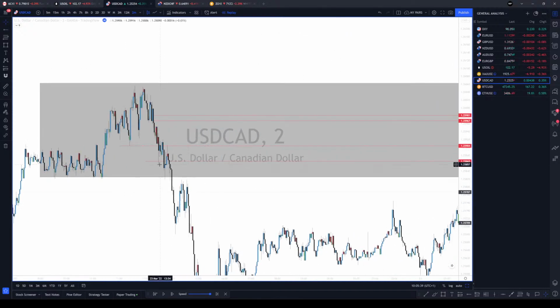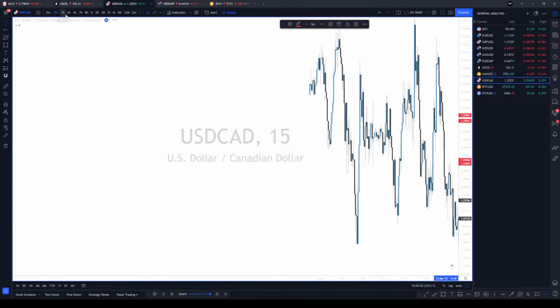And then use this one. So I like these 2 here. I like that one and then this one, based on dropping all the way to the lower time frame.